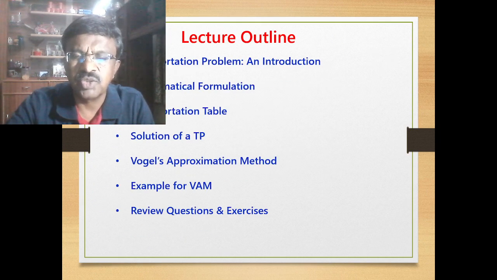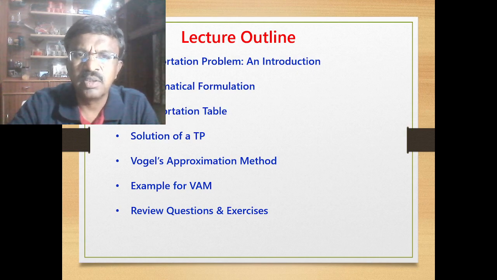My lecture outline today will be like this. First, we have to introduce transportation problem. What do you mean by a transportation problem? And then its mathematical formulation. Then how a transportation problem can be given in a transportation table.